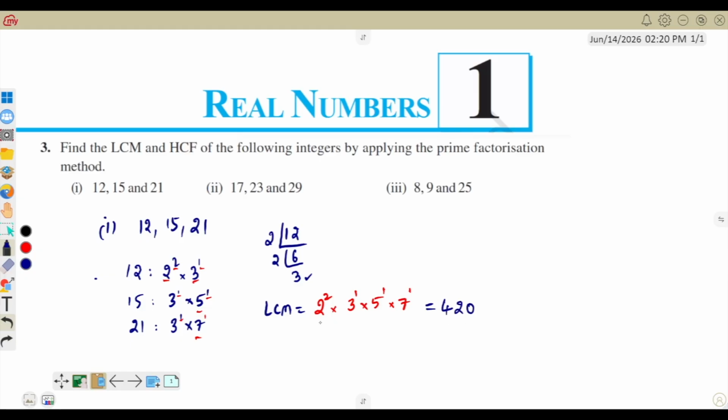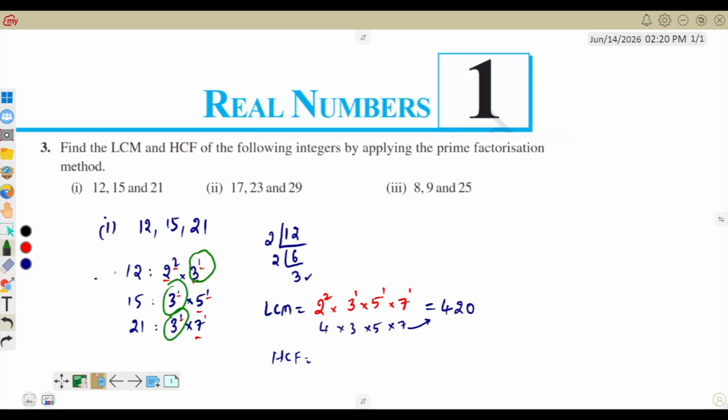Now let's do it for HCF. So before that, 2 squared is 4, right? 4 times 3 times 5 times 7, that is 420. HCF means we need to consider only the common factor. So the common factor is 3 everywhere. See, 3 power 1 here, 3 power 1 here, 3 power 1 here.